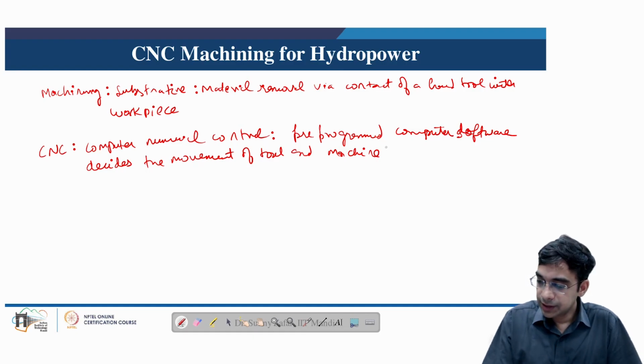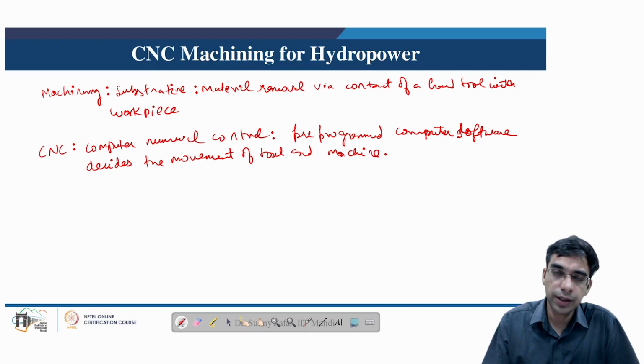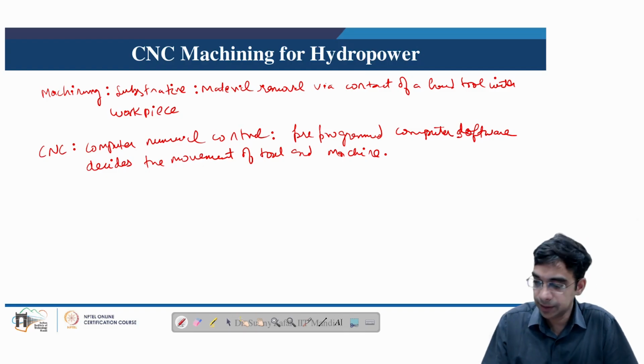So this computer numeric control is also used to control other functions of the machine tool, such as turning on the lubricant or turning it off, changing the tool, etc.